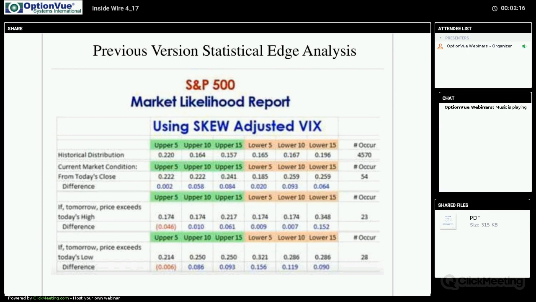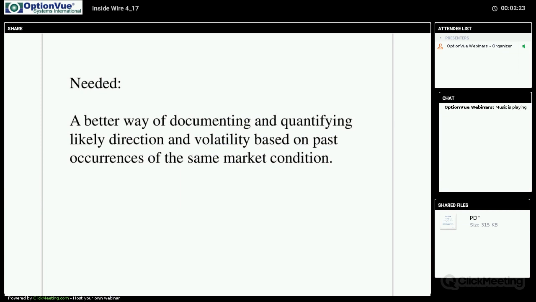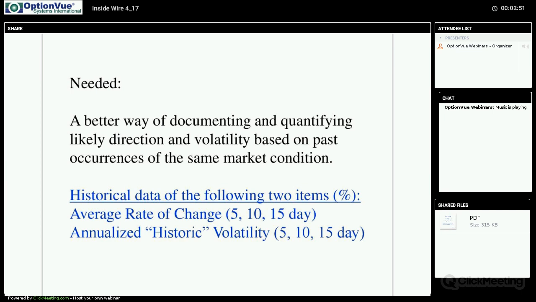And so what we wanted to do was move to something more concrete that I think more traders can really bite their teeth into. We really need a better way of documenting and quantifying likely direction of the market and its volatility based upon past occurrences of the same market condition. Before, we were using price distribution bands, which was great for calculating the probabilities of credit spreads succeeding. This is a more direct approach that could be used by far more traders than just credit spread traders.